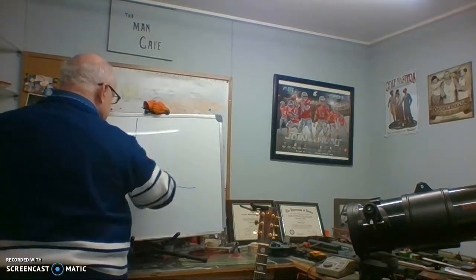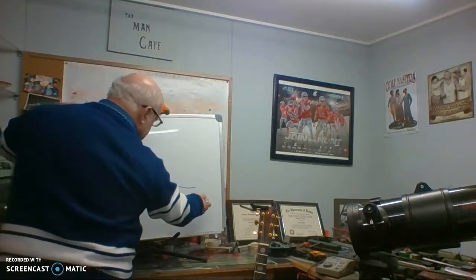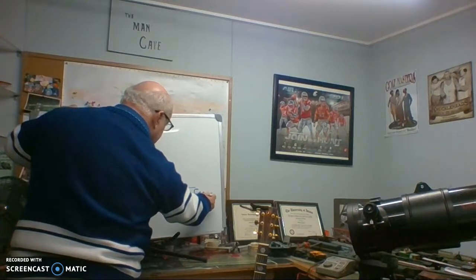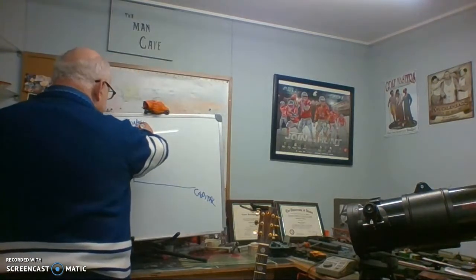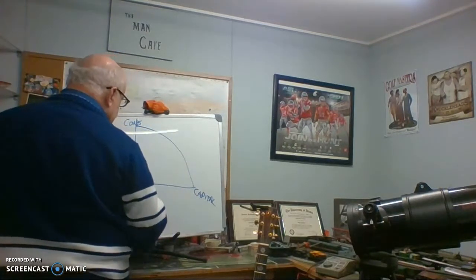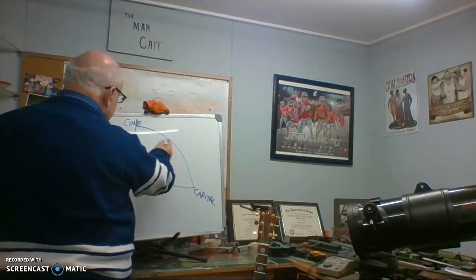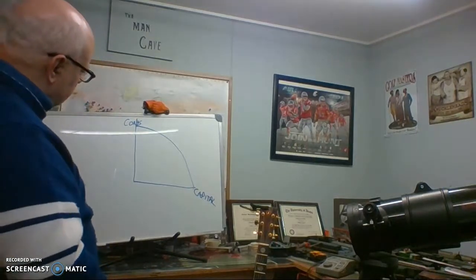Let's say up here we have consumer goods, and down there we have capital goods. And we said that the production possibility curve goes something like that, that as you move from consumer goods to capital goods, you give up increasingly more consumer goods.